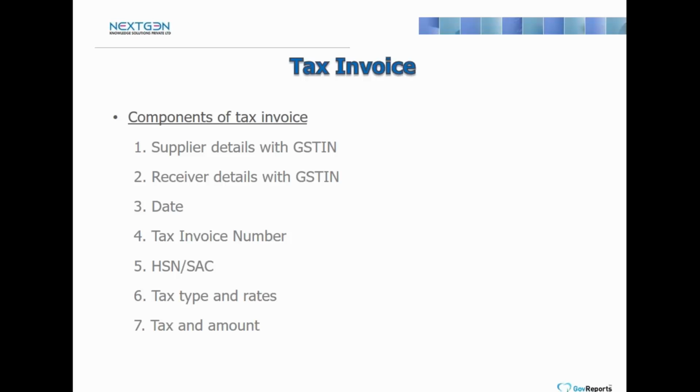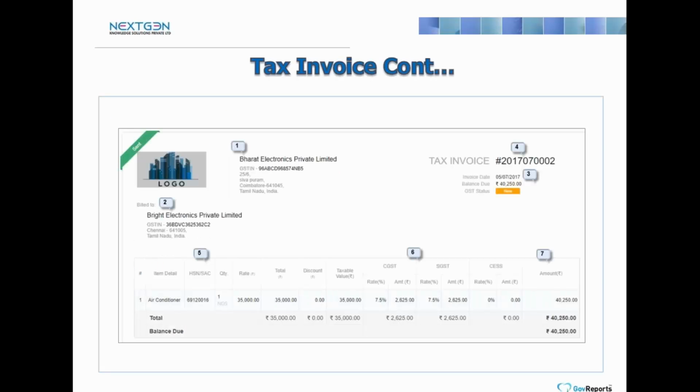Now, the tax invoice. I'm sure most of you are familiar with the format which the GST rules have prescribed. This tax invoice contains certain components like supplier details with its GSTIN number, receiver's details with its GSTIN number, date of invoice, tax invoice number, HSN code and SAC code, tax type and tax rates, and tax amount.